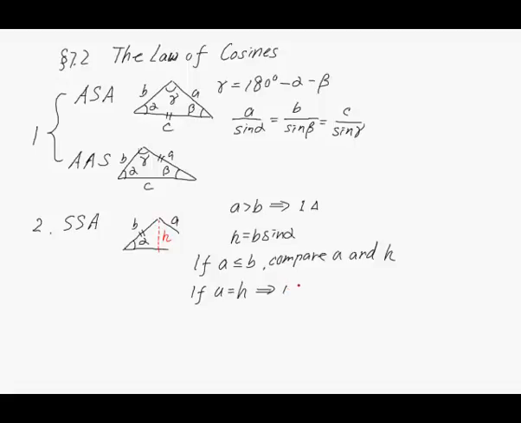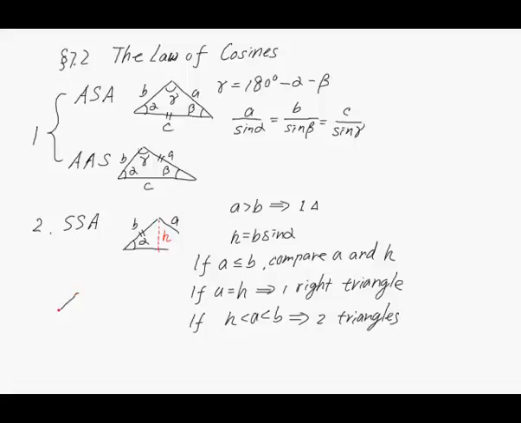But if a is less than b but bigger than h, we know in this case you have two triangles.